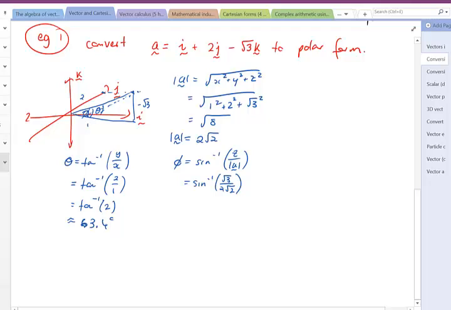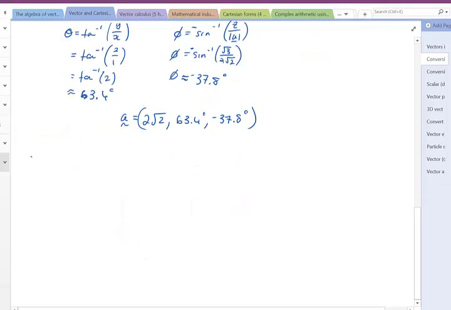Now it's important to realize again, because this is going down, this is going to be negative, so it's negative arcsine, and so that ends up being negative 37.8 degrees approximately, which means our vector A is 2√2, 63.4 degrees, and negative 37.8 degrees. Right, so our conversion is as simple as that.